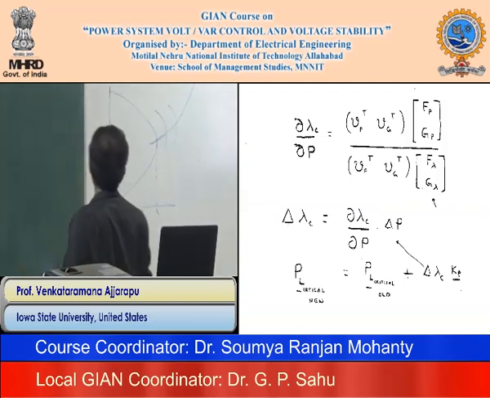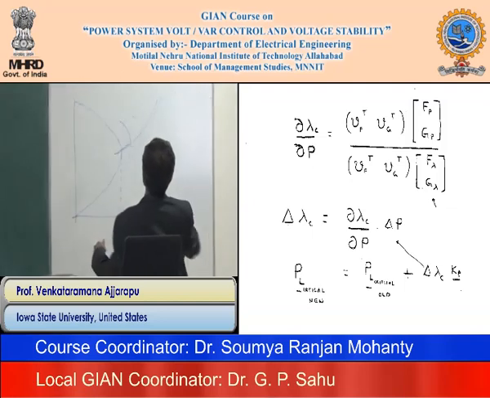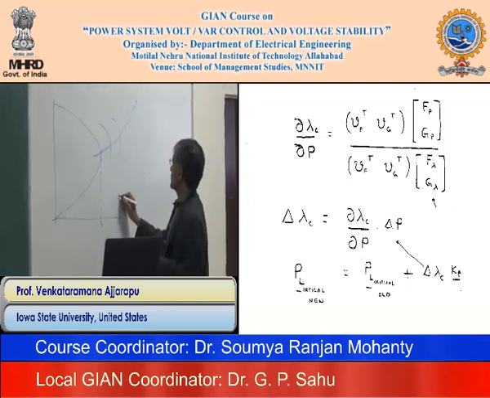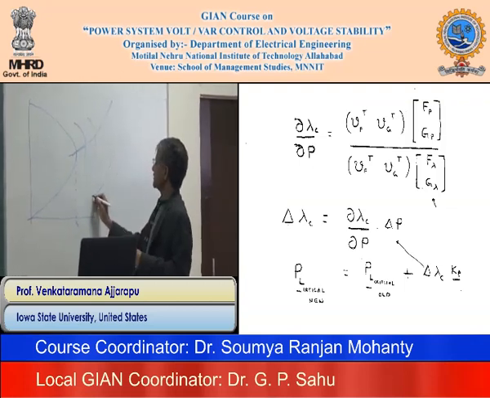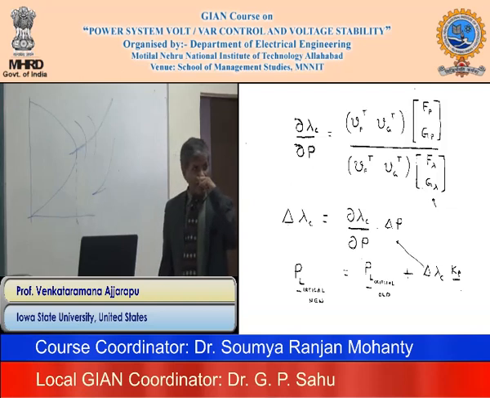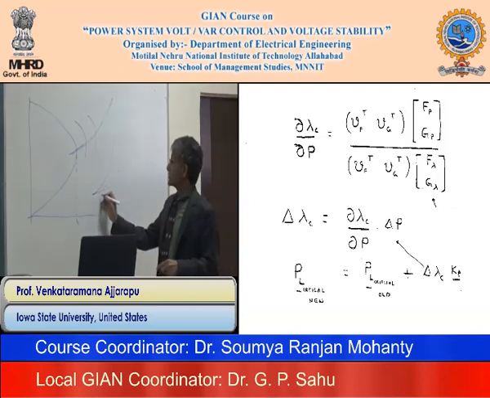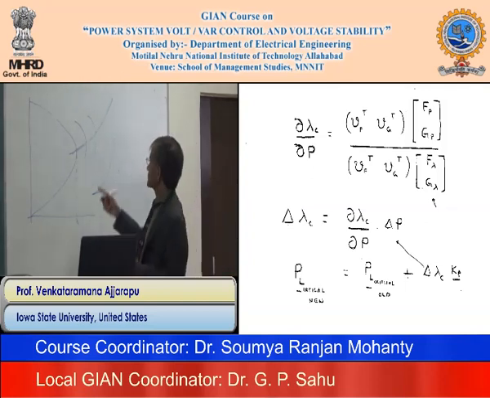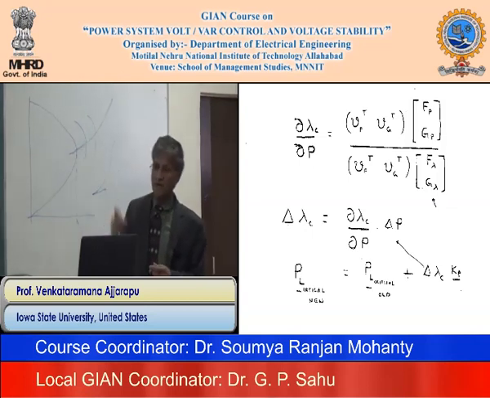But if this boundary is very curved, for example, this is the boundary and we are operating here, if I calculate the tangent to that and estimate this is the margin, but actually you get into error, right? So that's why you have to be careful about the margin sensitivity.